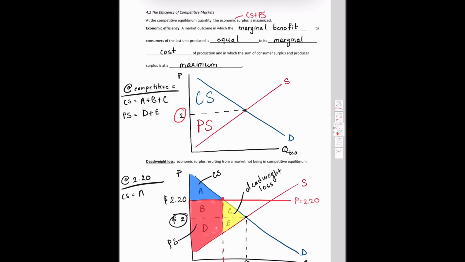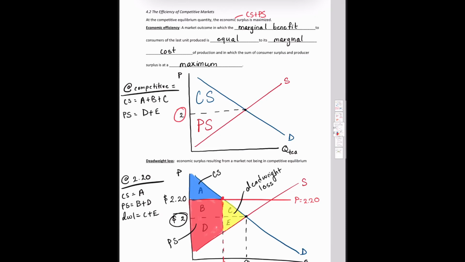That's going to be area A. Our producer surplus is going to be areas B plus D. And our deadweight loss is going to be area C plus E.